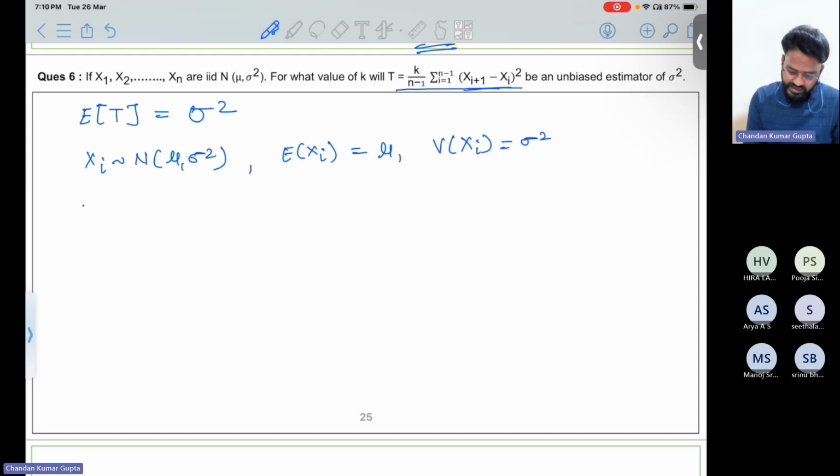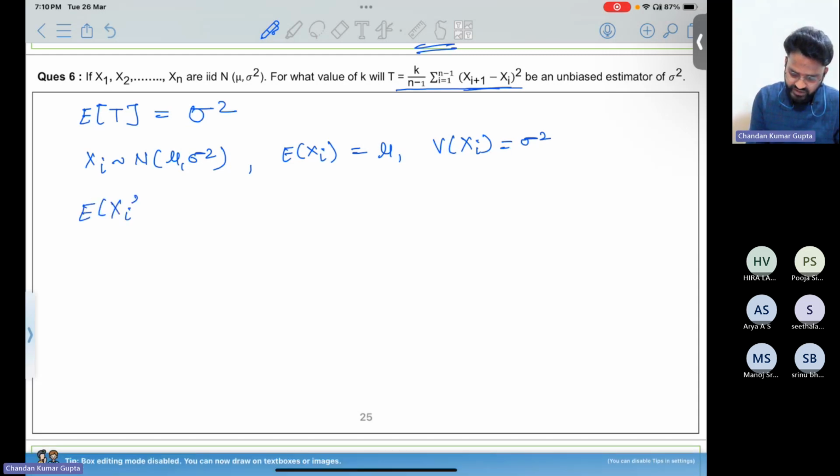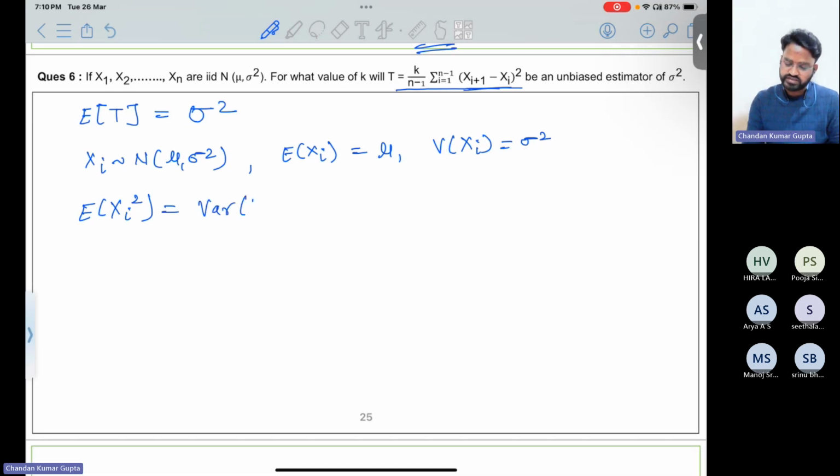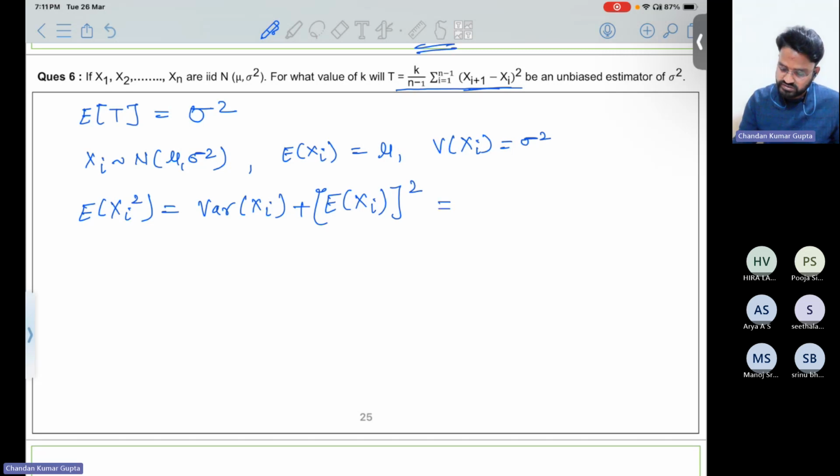Now the expectation of xi square is equal to what? It is variance of xi plus expectation of xi whole square. This is the relation. So it is sigma square plus mu square.